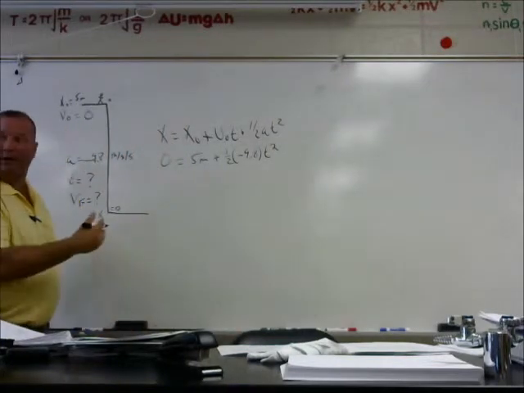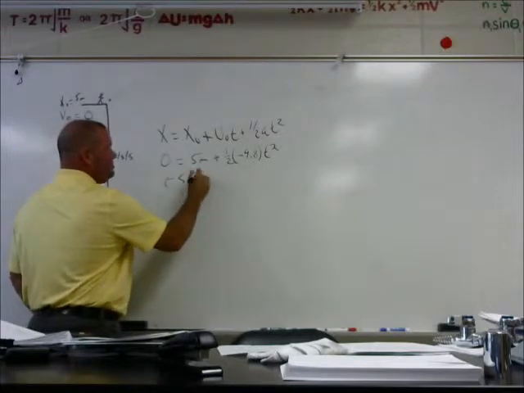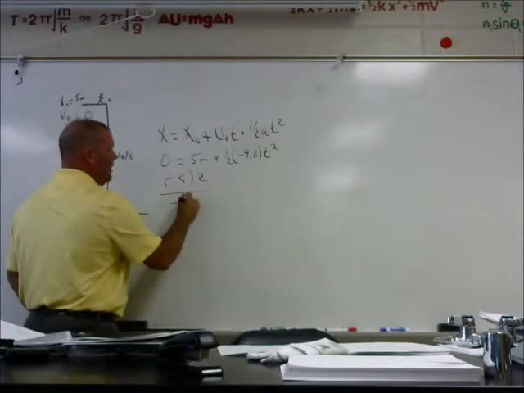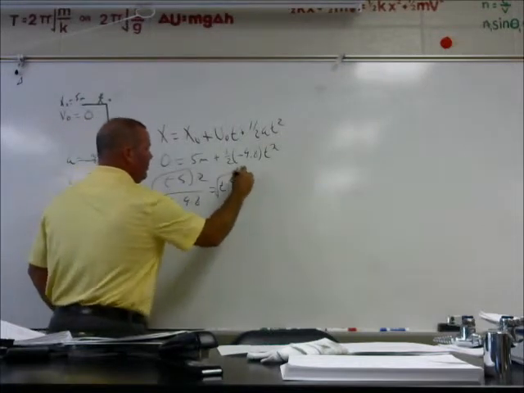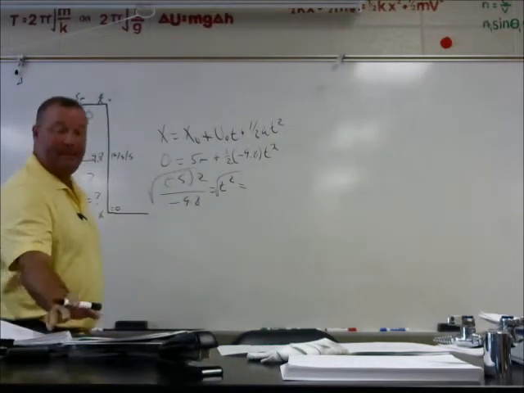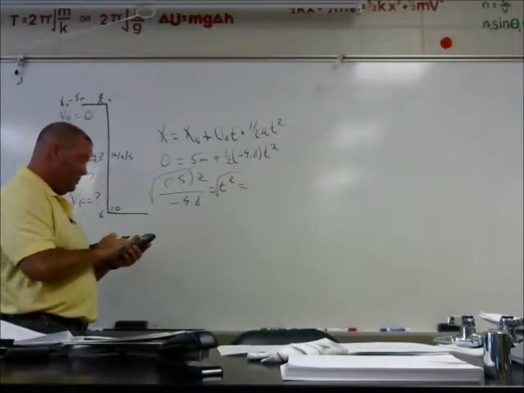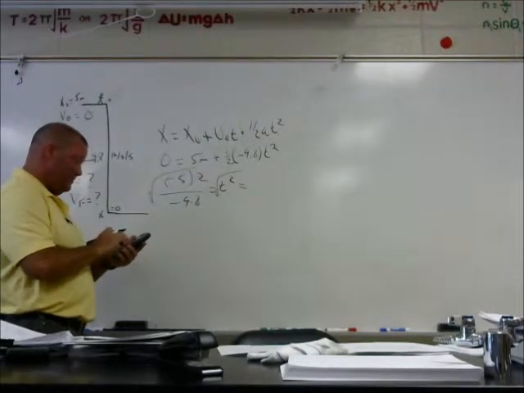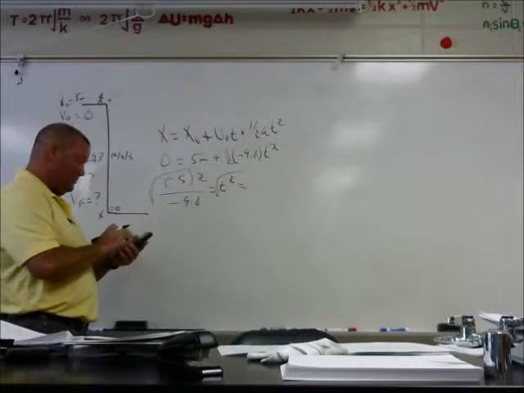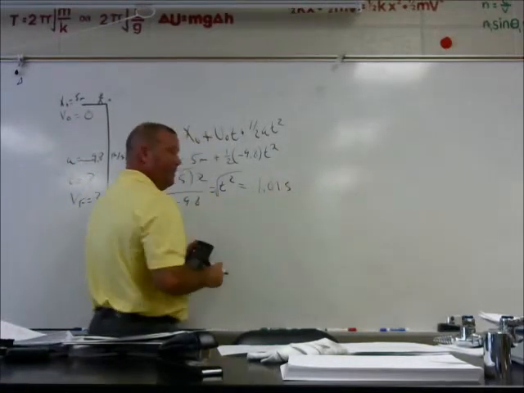So now when I go to solve that, -5 times 2 over -9.8 equals t squared. And I take the square root of both sides, and I should get 1.01 seconds, I'm thinking. Is everybody good with that?